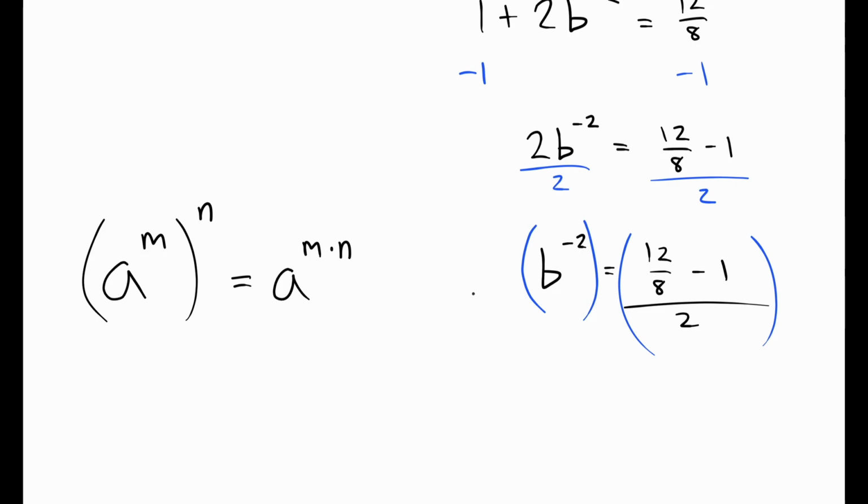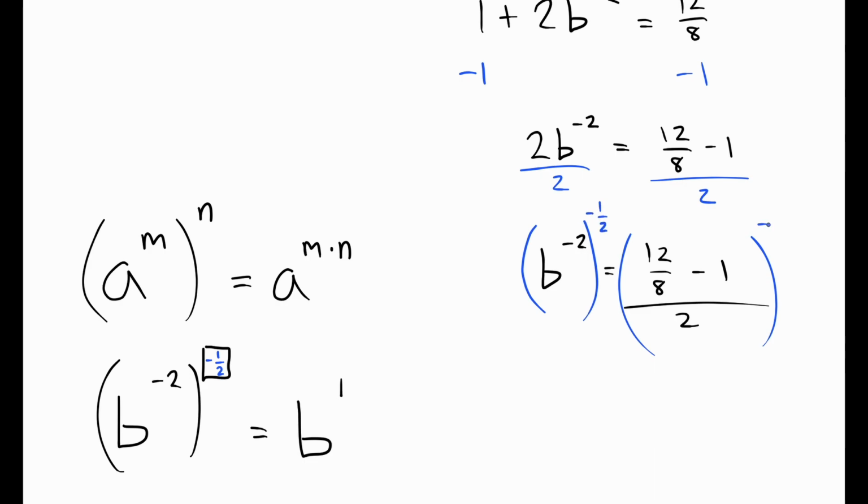So we want to think about what we could raise this to. We've got B to the power of negative 2. We want to raise it to a power of our choice in order to get an exponent of 1. And so the answer here is the reciprocal of the negative 2. Negative 2 times negative 1/2 would make 1. And so that's the exponent that I want to raise both sides to.